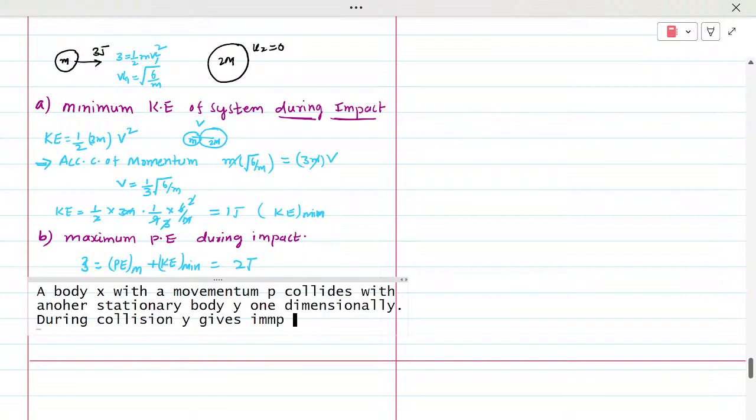Y gives impulse to body X. The change in momentum of body X is equal to J. Then the coefficient of restitution is asked here. Coefficient of restitution is equal to question mark.